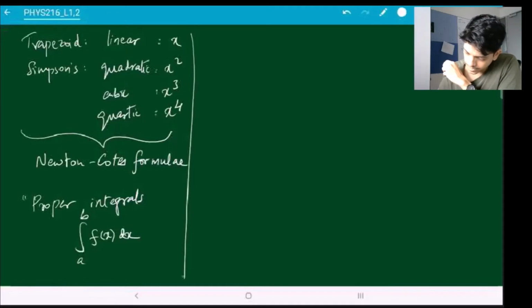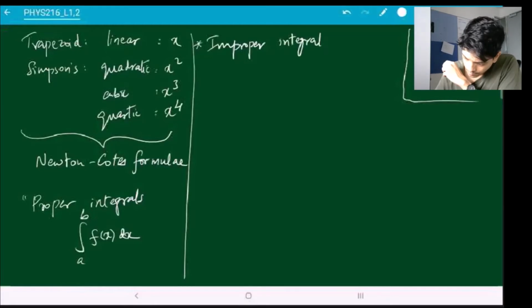So this brings us to a discussion about improper integrals. Improper integrals are either where the function becomes infinite.